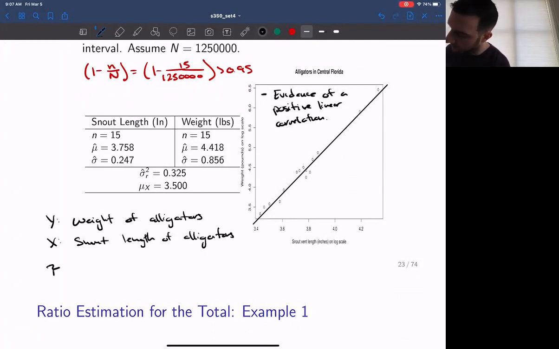And then tau Y, I don't know why I wrote the T like a tau. Tau Y is going to be theta tilde multiplied by tau X tilde.